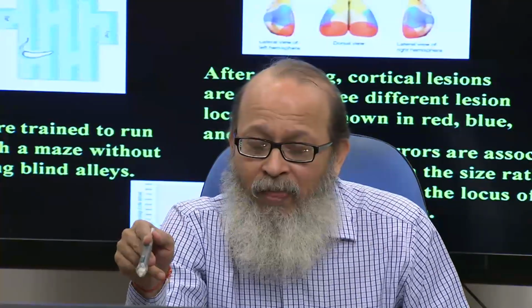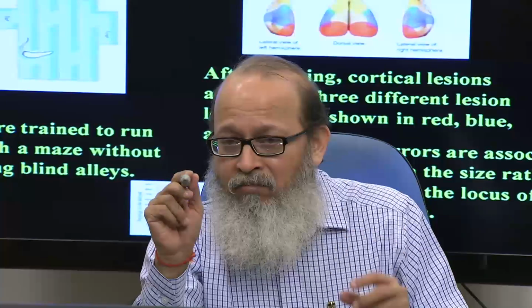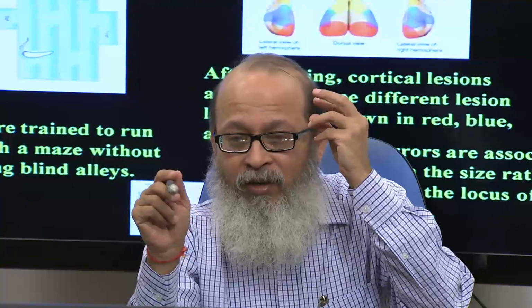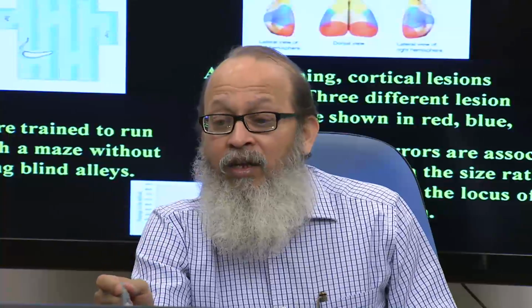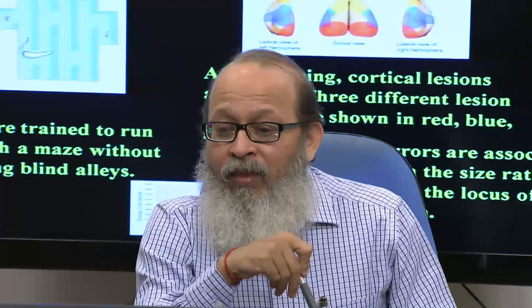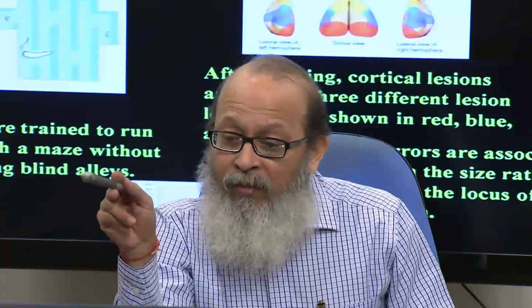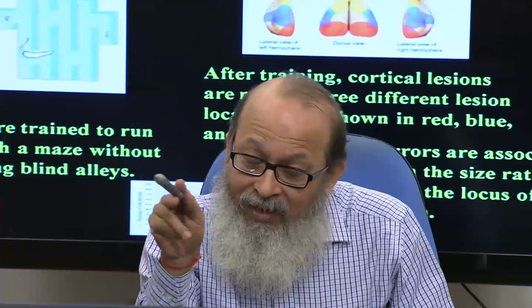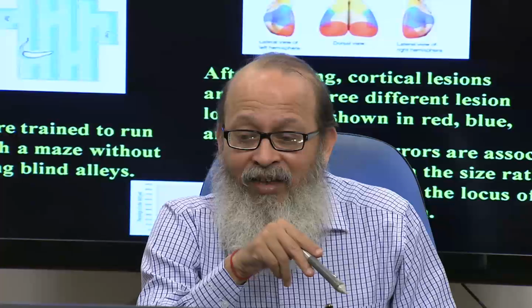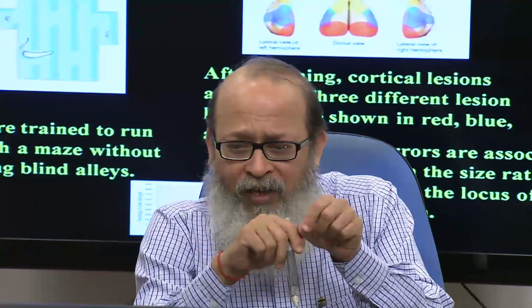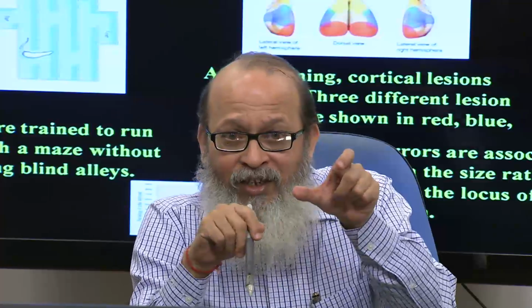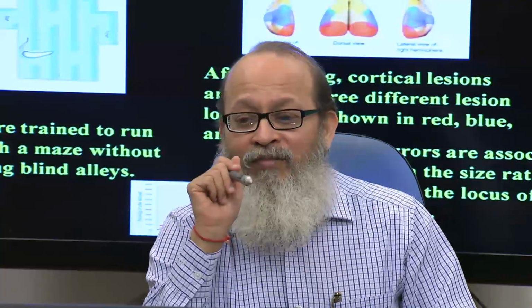After training, lesions were made, like a stroke makes a lesion in the human brain, or a tumor or injury makes a lesion in the brain; cortical lesions were made. Different locations were also tried, but rats still learned it. But if a lesion is made which is not very specific and is a larger thing, then they get lost.